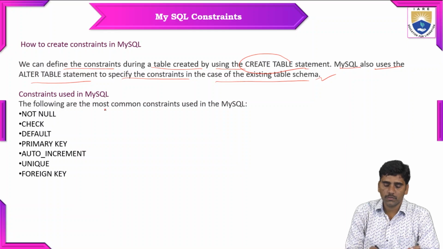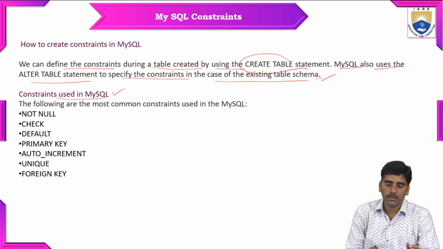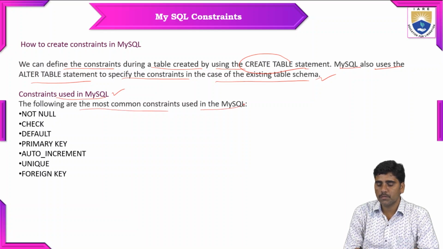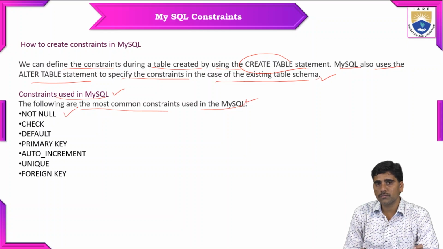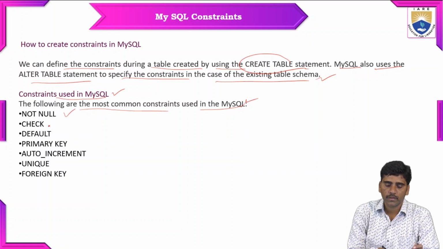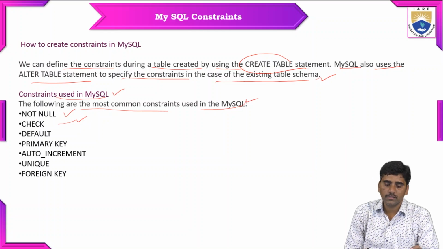Constraints used in MySQL. What are the types of constraints you can apply at the column level as well as the table level? The following are the most common constraints used in MySQL. The first one is the NOT NULL constraint. The second is the CHECK constraint.